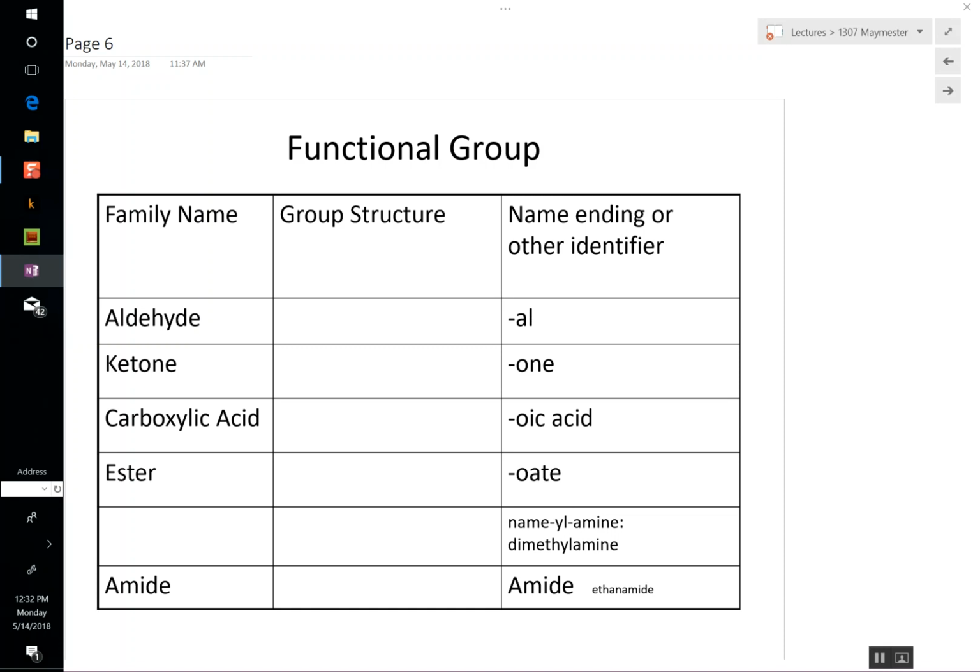Carboxylic acids have a carbon-oxygen double bond, but they also have a hydroxyl. So that's a carboxylic acid. The oic acid, we'll get into that later. How do you name those? We'll use the oic ending and add the word acid to it as well.